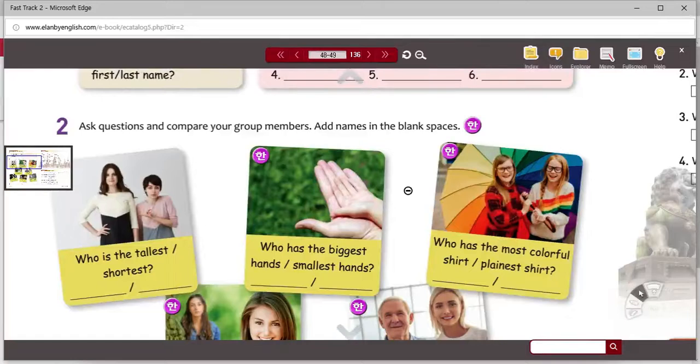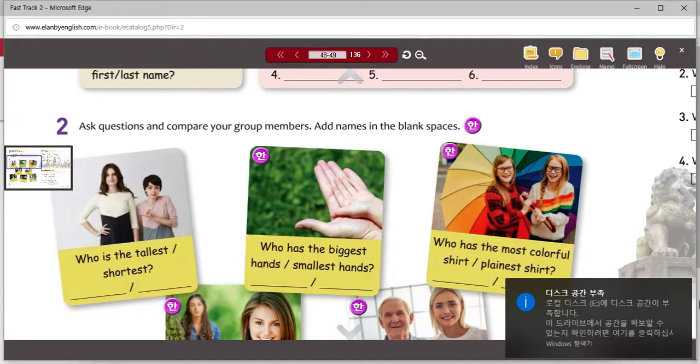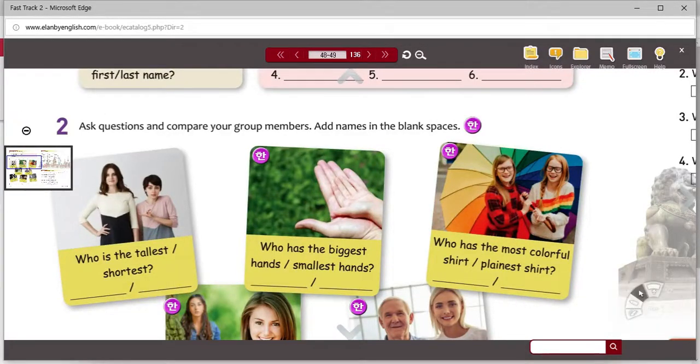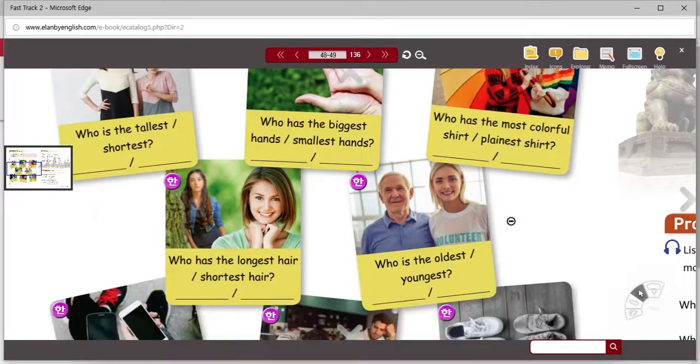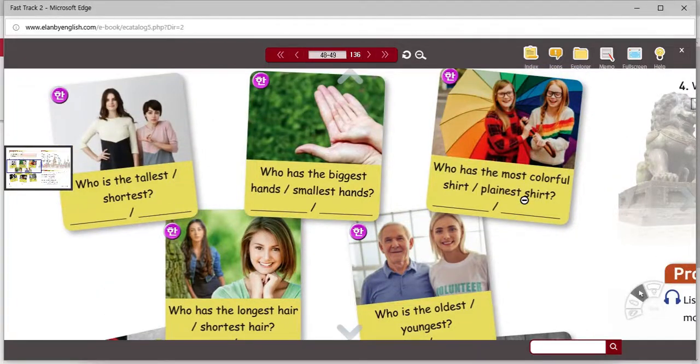Okay, so what you're going to do now, as it says here, is ask and answer questions and compare your group members. Now all of these are superlatives: tallest, shortest, biggest, smallest, most colorful, plainest. We know what the word colorful is. Plain would be the opposite of colorful.